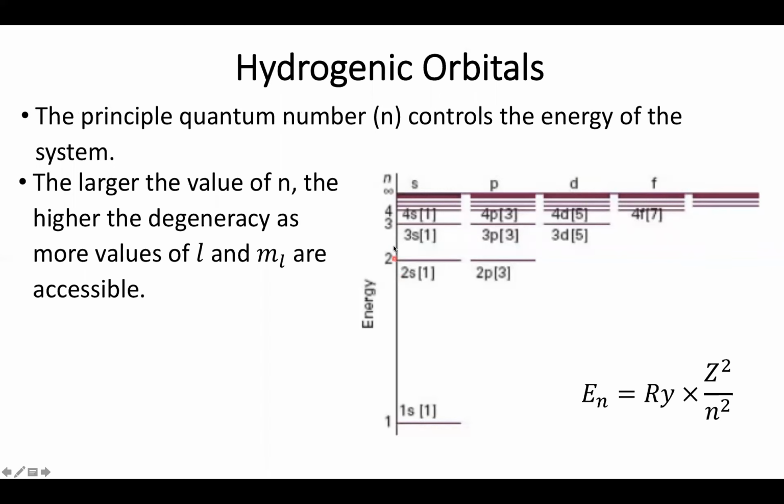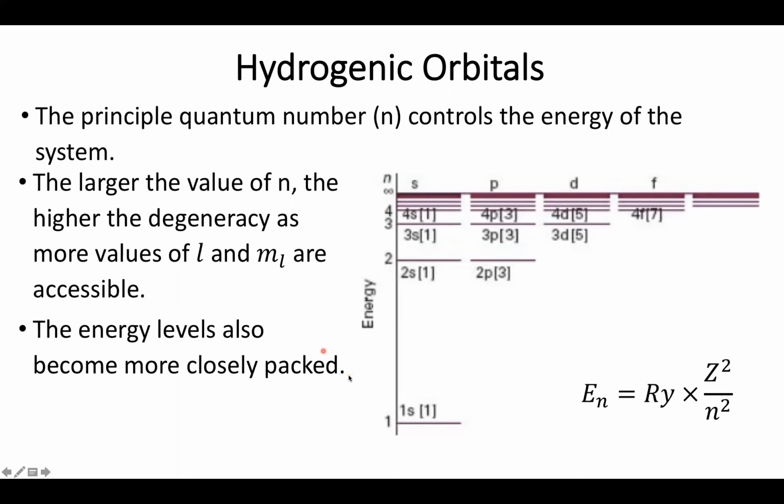However, when I go to the second shell, I now have two available subshells, the S with a single degeneracy and the P with a triple degeneracy. So now I've got a total degeneracy of 4 on my second energy level, which then goes up to a degeneracy of 9 on my third shell, and all the way up to a degeneracy of 16 on my fourth shell. So these get a little out of control in terms of degeneracy.